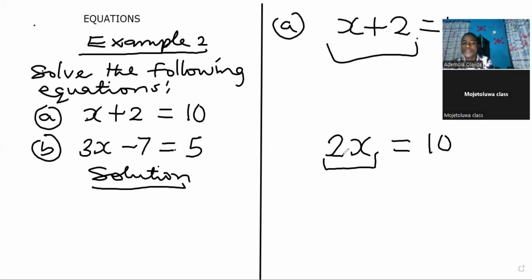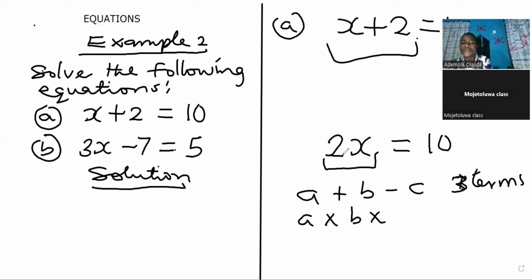If you say A plus B minus C, there are 3 terms here, 3 values, 3 individuals, 3 entities. But in a situation where you have A times B times C, that will give you ABC.